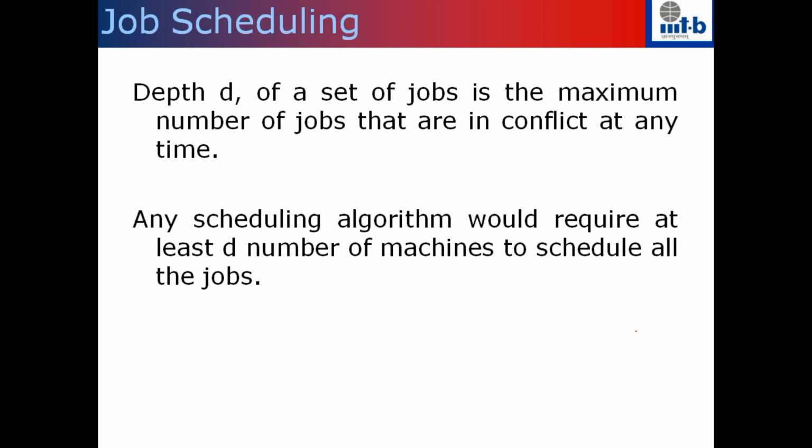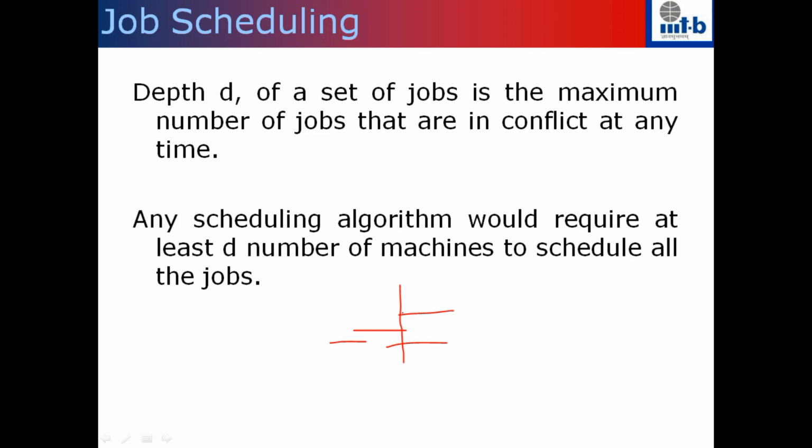In order to show that this is optimum, let's define the depth D of a set of jobs. Depth D is defined as the maximum number of jobs that are in conflict at any point of time. Let's say these are the jobs that are given to me, and this is the timeline.